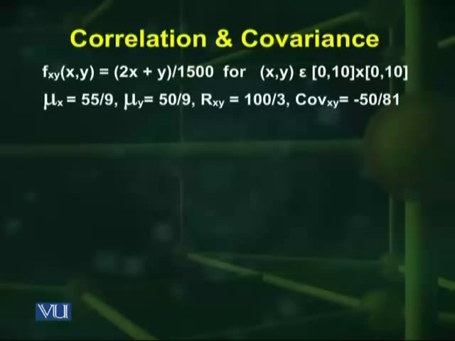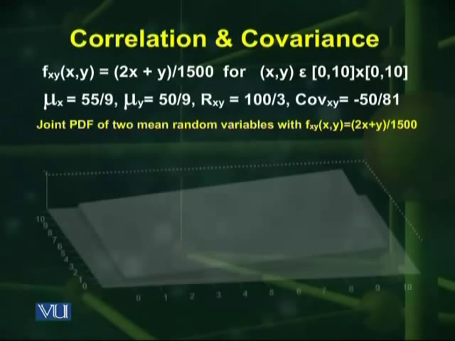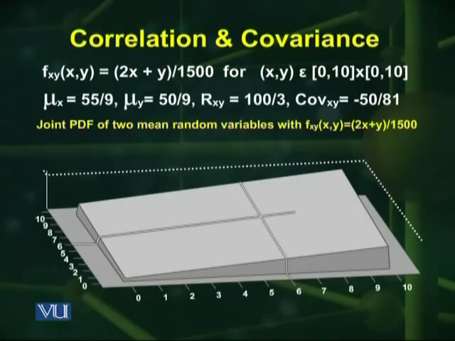which was defined over a region from 0 to 10 times 0 to 10. As you can see on the slide, the joint PDF has been cut into 4 parts, and the point where these two cuts meet is exactly the point mu x, mu y. So the two cuts that were used to divide the joint PDF into 4 parts were parallel to the coordinate axes.